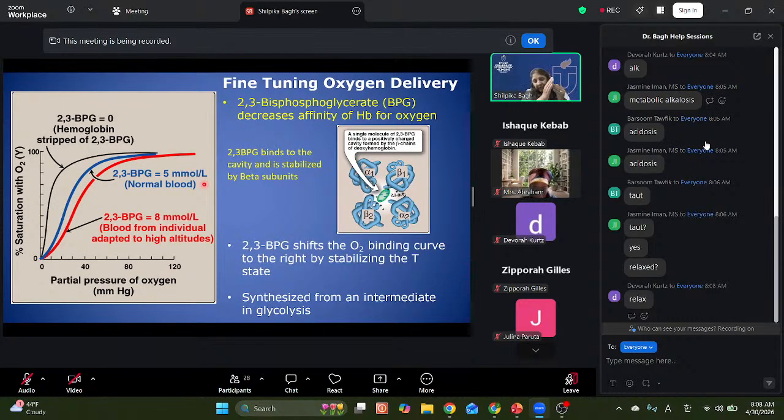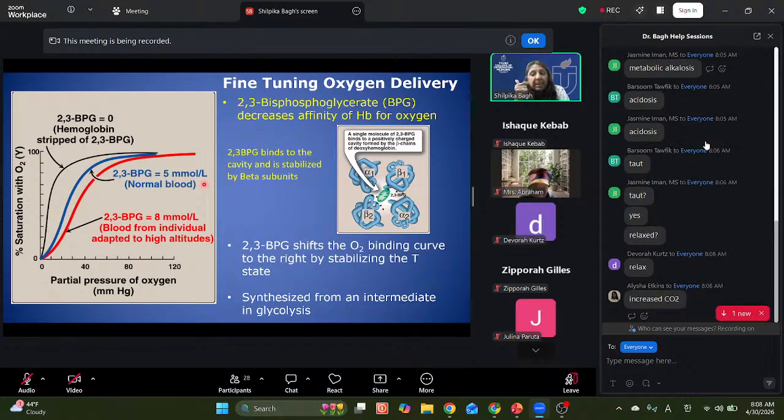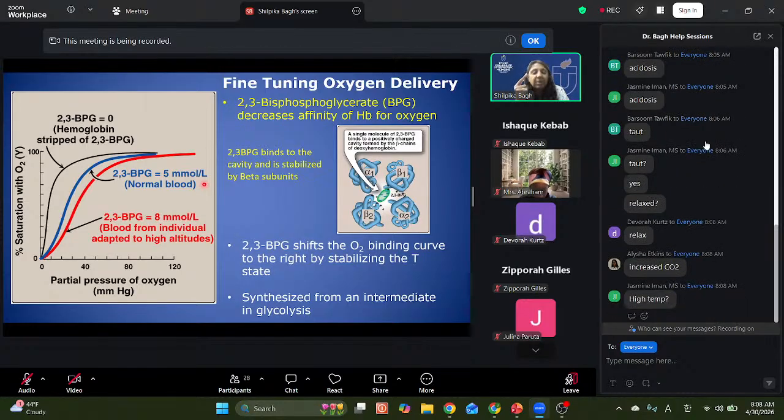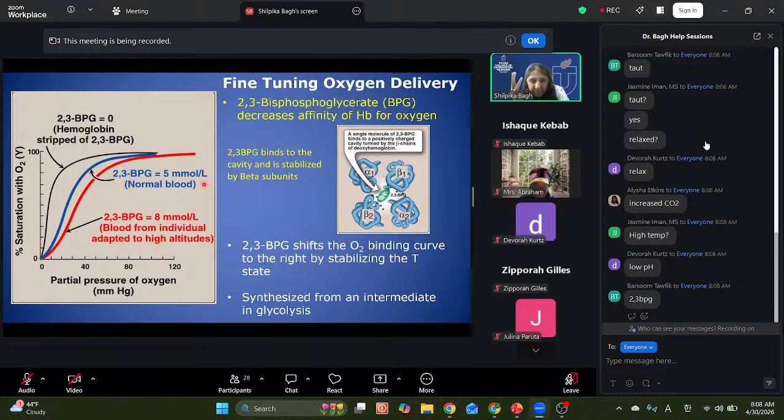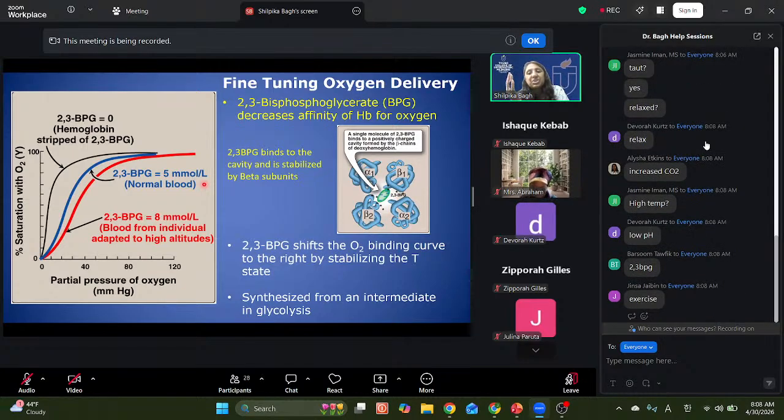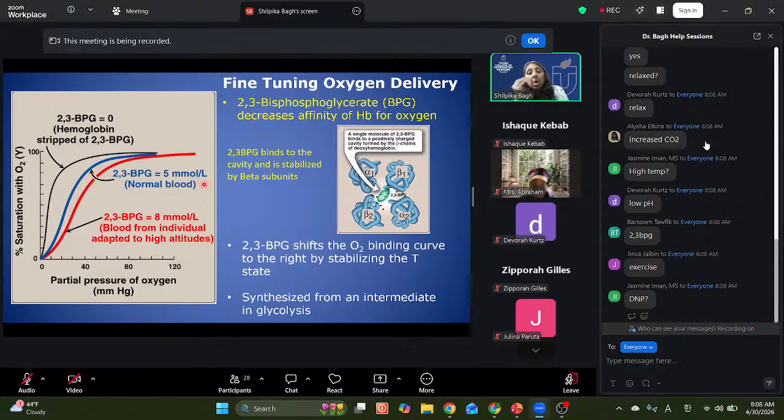Tell me the factors that shift the curve towards the right now. Keep completing. Decrease pH, increase PCO2, very good. High temperature, decrease PO2 and increase 2,3-BPG. Absolutely wonderful. What are the factors that shift the curve towards the right?